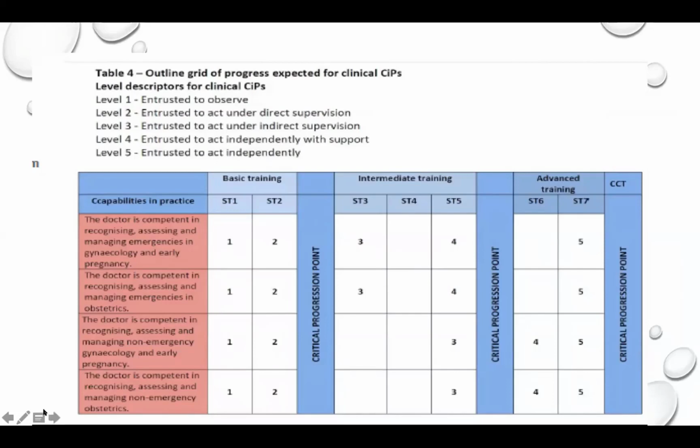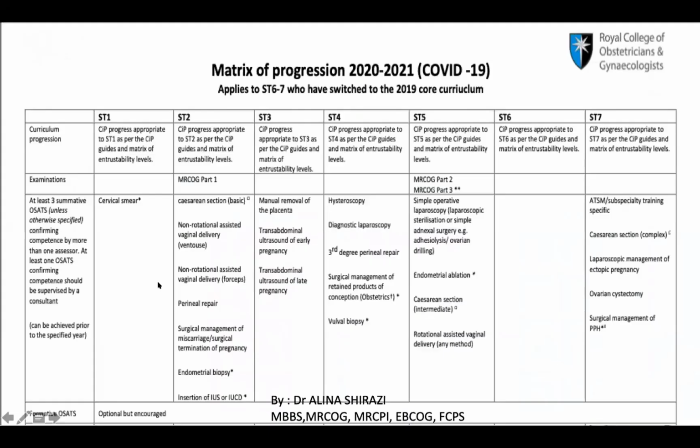I'm just going to show you the table which I have prepared. This is a matrix of progression, 2020 to 2021. This is what Dr. Zaid was talking about. ST1, ST2, 3, 4, 5, 6, 7, this is what they are expected to do. At the level of ST1, they should sign off the cervical smear OSAT.